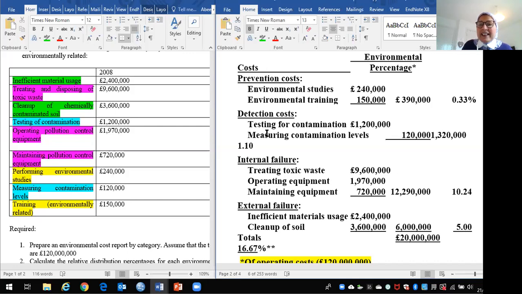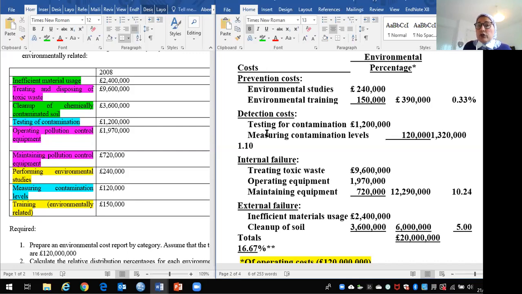But anything relating to failure, related to equipment, maintaining equipment or spending money on operating equipment, will affect the environmental cost. External is very easy to identify: anything where the company has damaged the environment outside the company and has to pay for it. So the classification is very easy. Inefficient material usage is highlighted in green here, and clean up soil is 3,600,000.